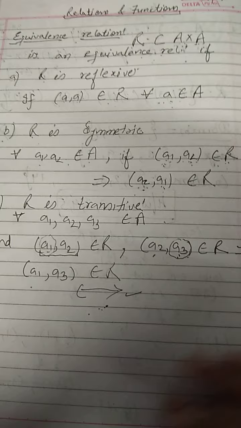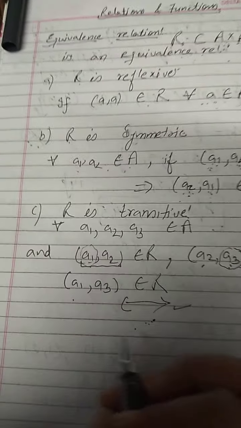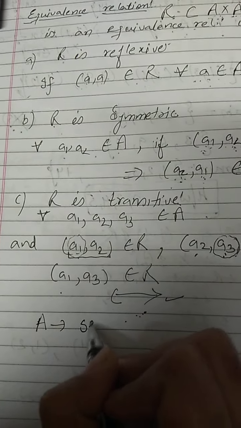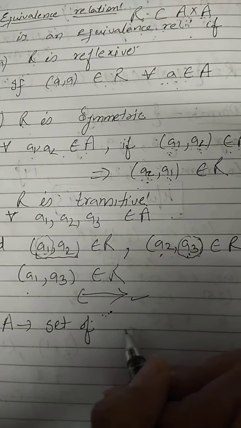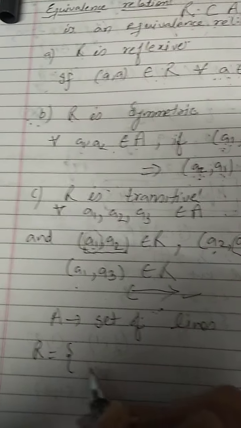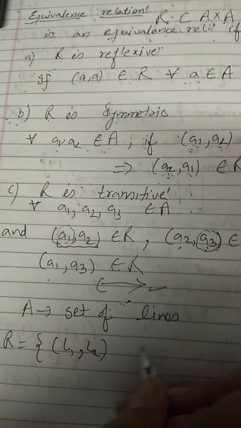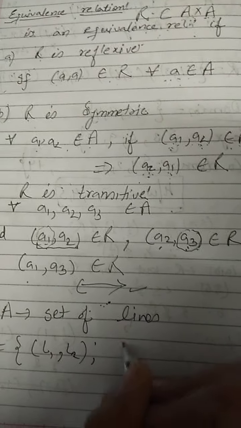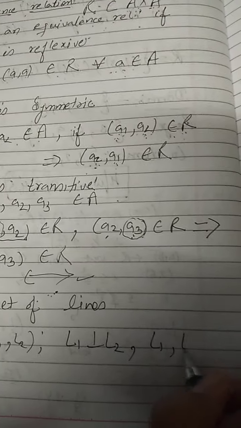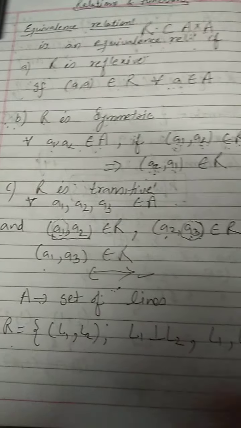Now in the previous class we discussed a simple example. What was the example? A is the set of lines, and we are defining the relation R between L1 and L2, two lines, such that L1 is perpendicular to L2, where L1 and L2 both come from the set A on which the relation is defined.